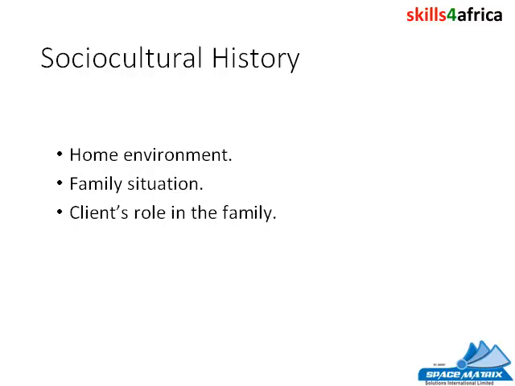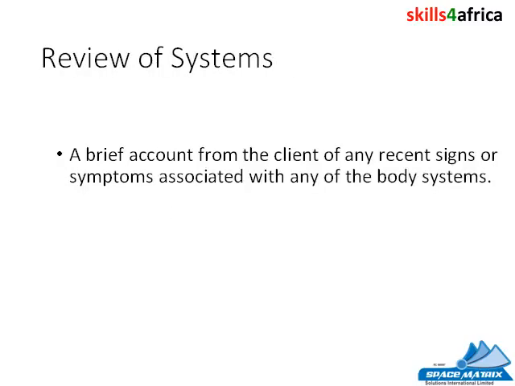Sociocultural history: what is their home environment, their family situation, and what is their role in the family. Now, the review of systems is a brief account from the client of any recent signs or symptoms associated with any of the body's systems.